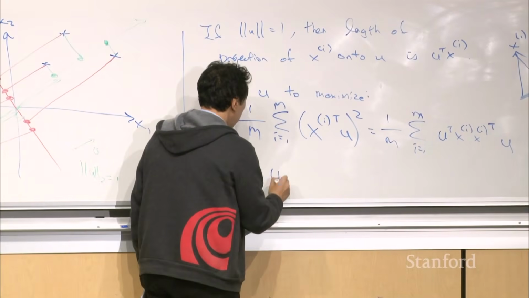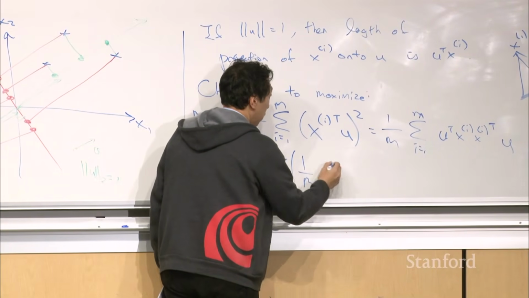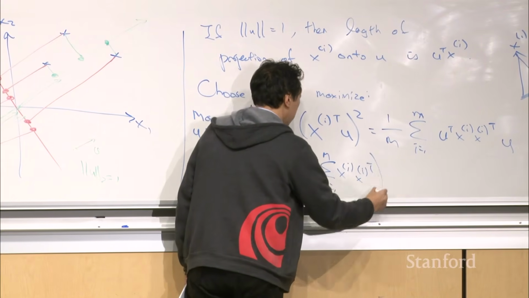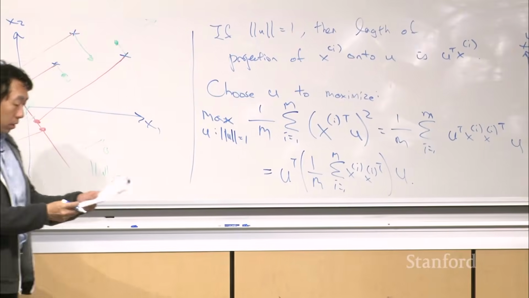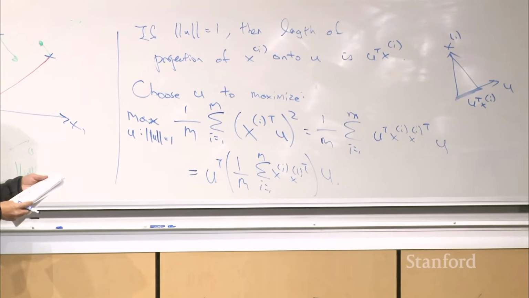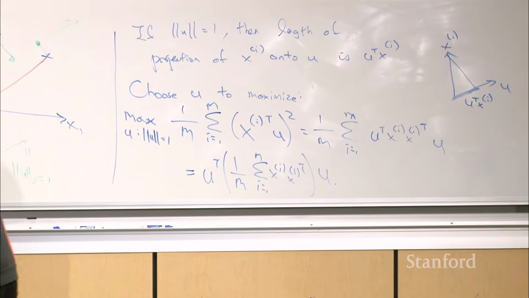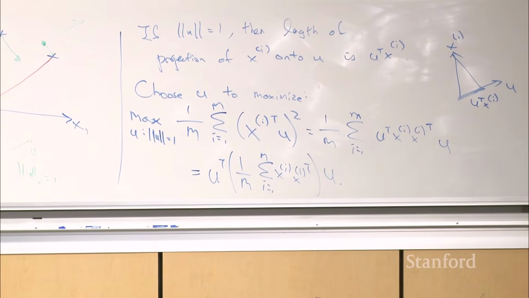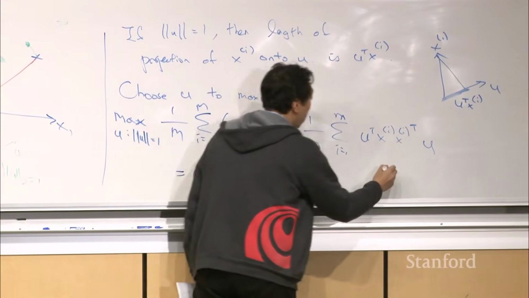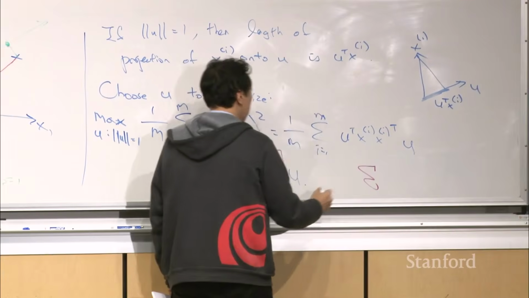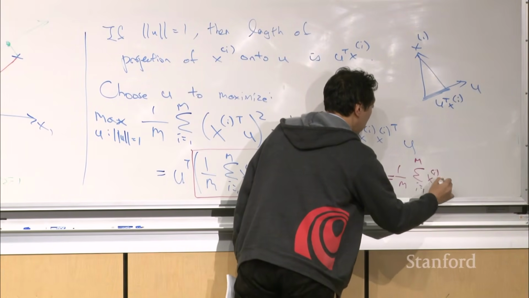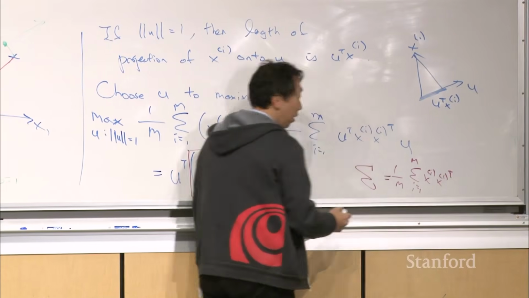So this is u transpose times 1 over m, the sum of xi xi transpose, times u. Let me just take this matrix and call it sigma.